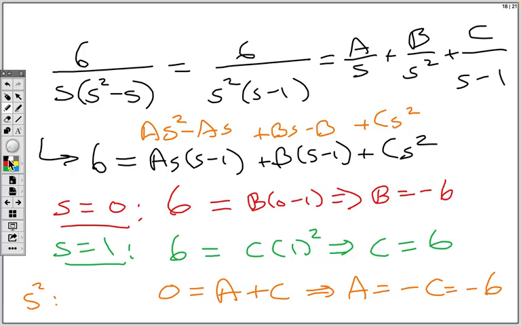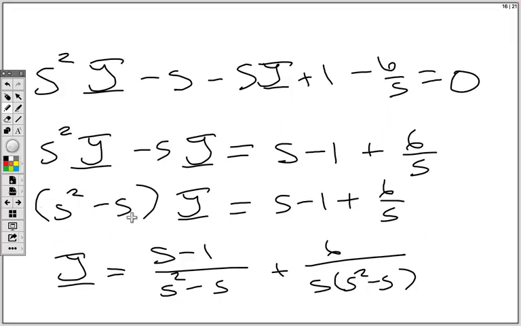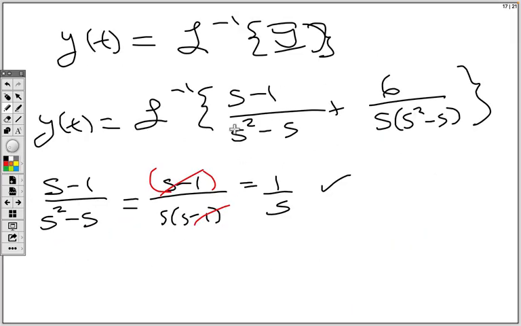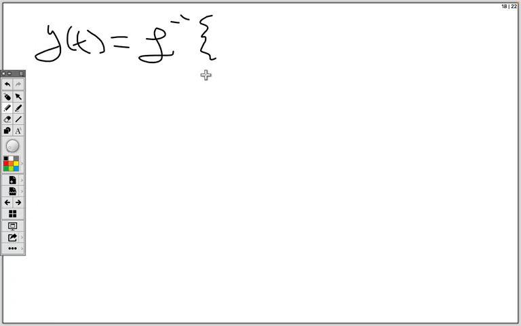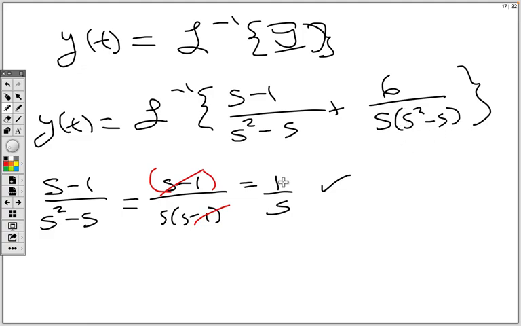All right. So now we've got, here we go. So this is what we need to do, our y of t here. Y of t is inverse Laplace of, we've got s minus 1 over s squared minus s. That's just 1 over s. Plus 6 over s squared minus s.